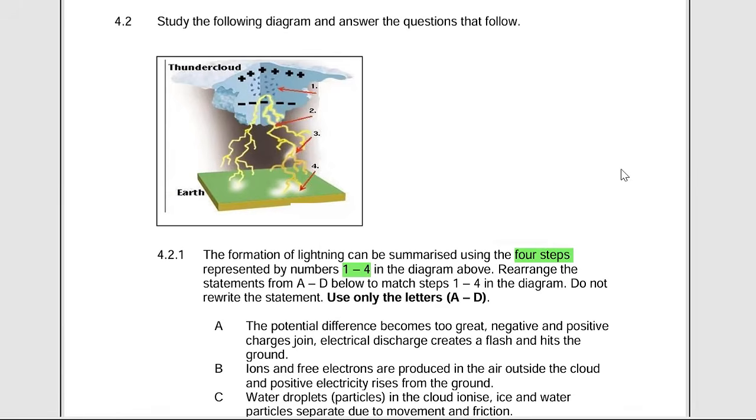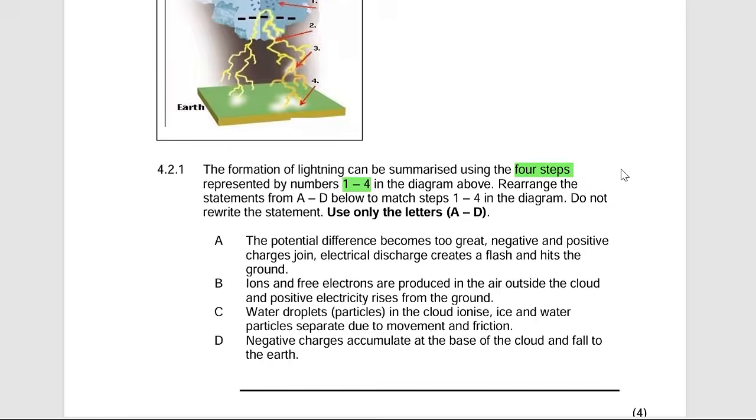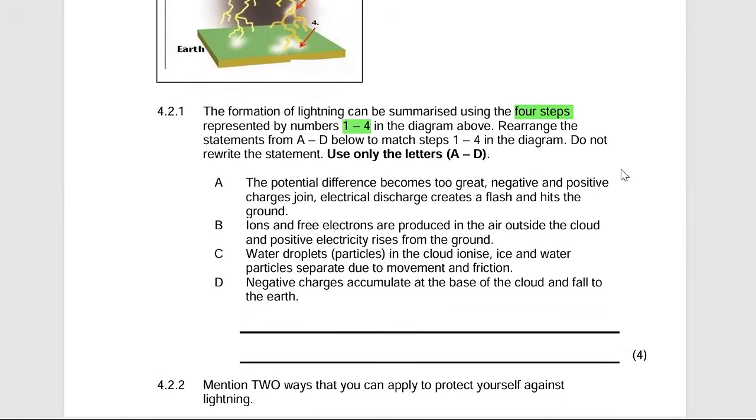Rearrange the statements from A to D below to match steps 1 to 4 in the diagram. Do not rewrite the statements, use only letters A to D.